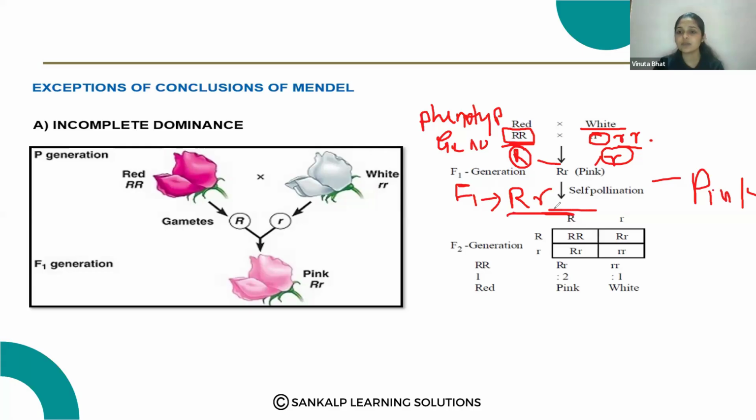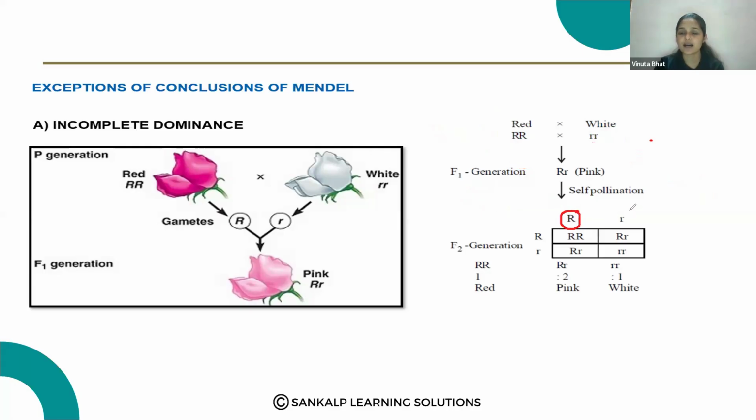Then these F1 plants were self-pollinated. So they produce capital R and small r gametes. In the F2 generation, capital R capital R is formed, two plants of capital R small r, and small r small r. Capital R capital R means red flower because both are red.